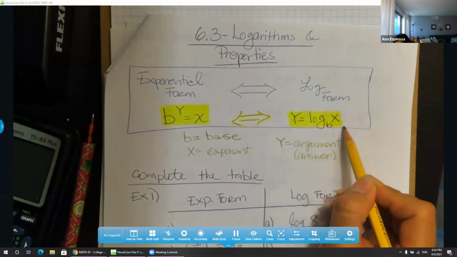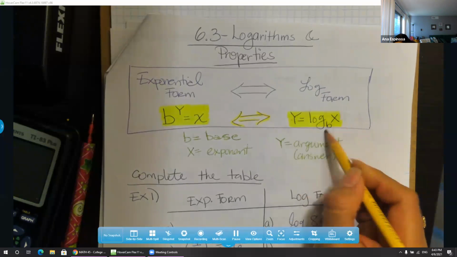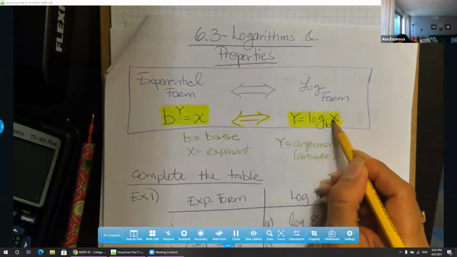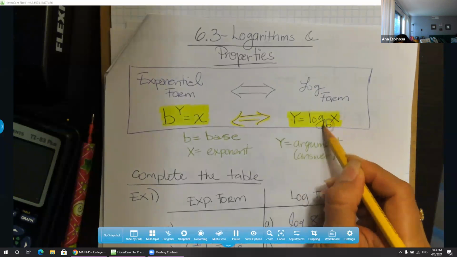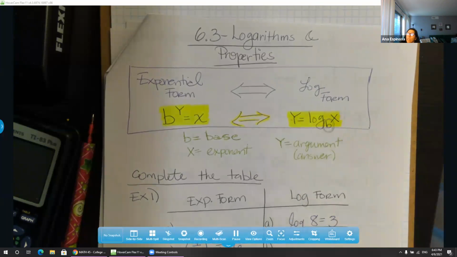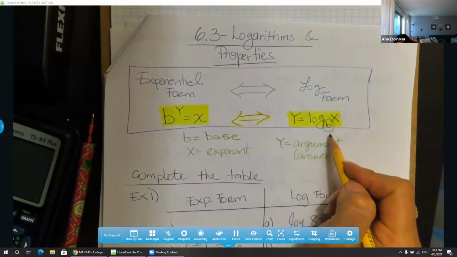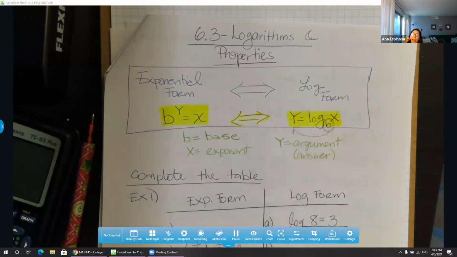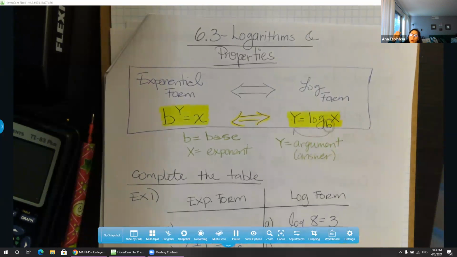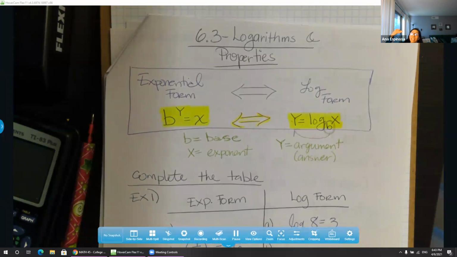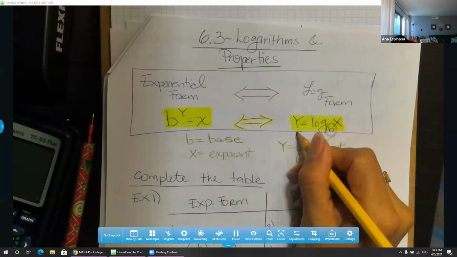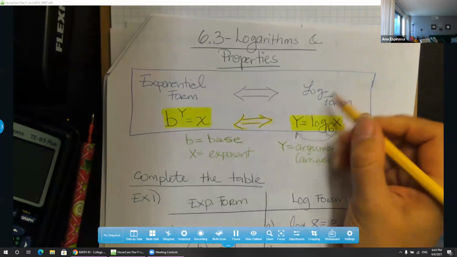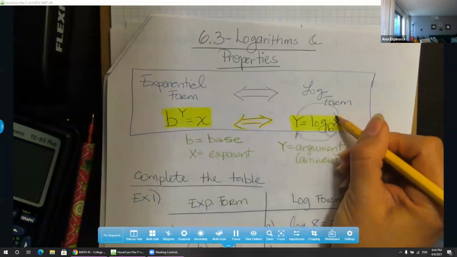I will be given a form that looks funny like this. I will circle the base, the little number at the bottom. Most likely it won't be a B, it'll be a number. But I circle that, I raise it to the opposite side of the equal sign. Listen to what I'm saying. I raise it to the opposite side of the equal sign. Raising in math means power. So I'm going to raise it to the opposite side. So that will be the power, and it's going to equal to this.